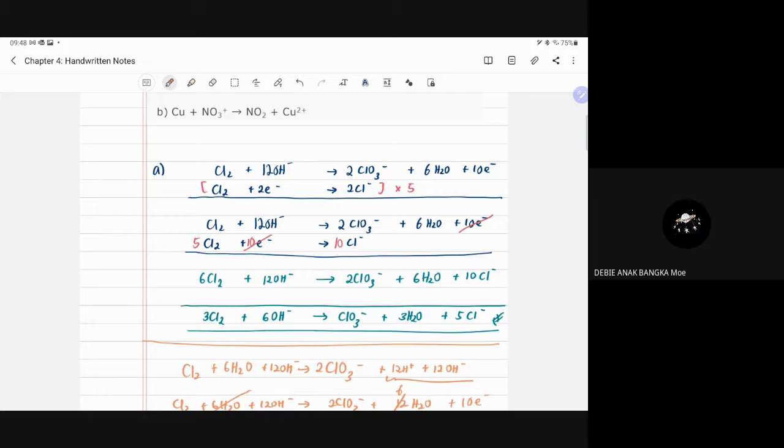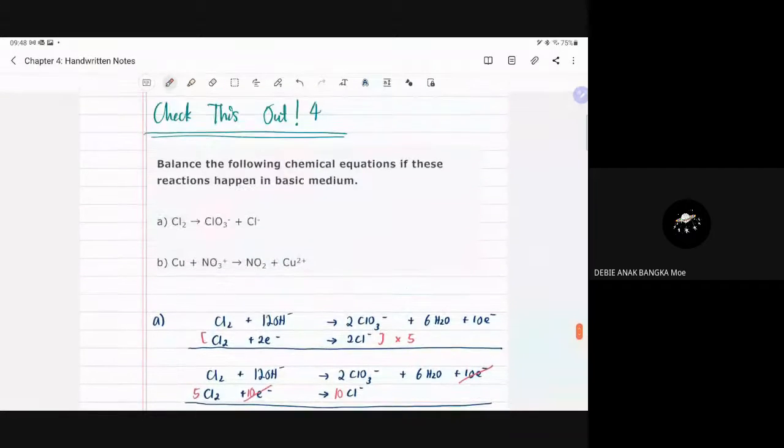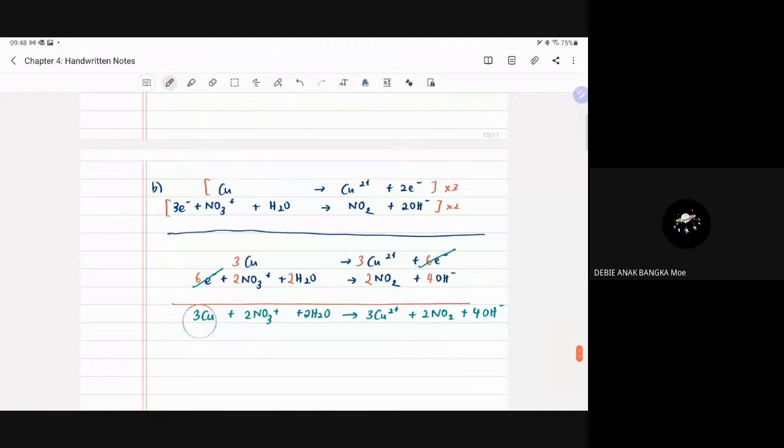Yes sir. Okay, alright. So now, let's have a look at B. For B, Cu plus NO3 minus forming NO2 plus Cu2 plus. So you would get this as the final answer, 3Cu plus 2NO3 minus plus 2H2O gives 3Cu2 plus plus 2NO2 plus 4OH minus.